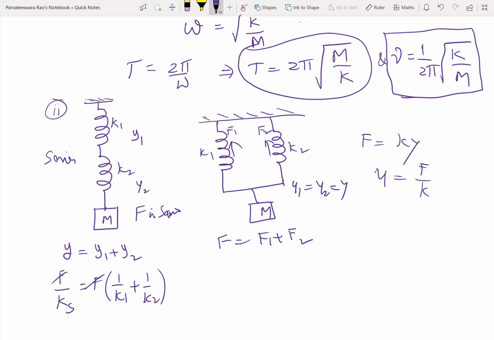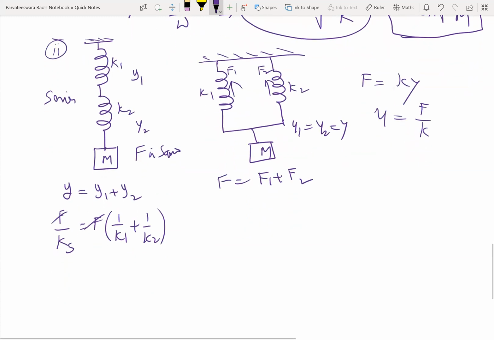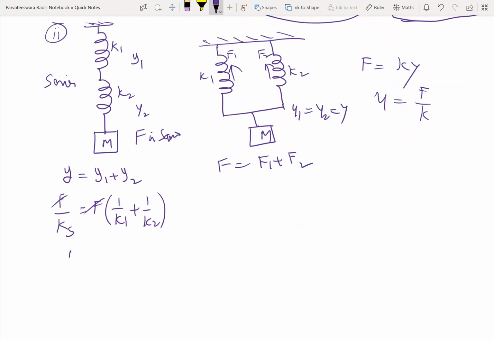The effective spring constant of two springs connected in series is 1 by Ks is equal to 1 by K1 plus 1 by K2. Therefore, Ks will be K1 K2 by K1 plus K2.